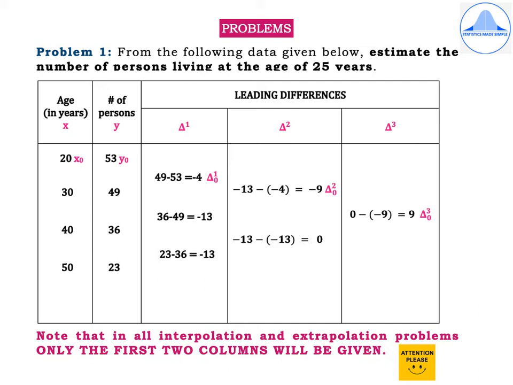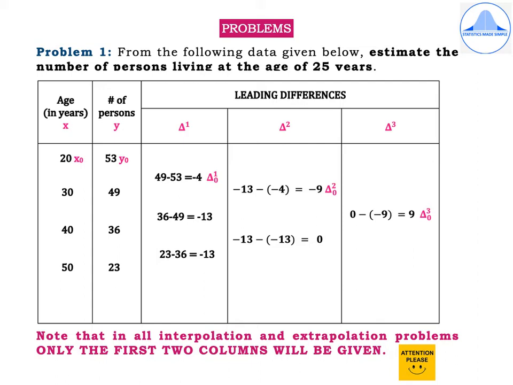Now let us find out delta to the power 1. Now be careful with the signs when we are finding out the differences. So how do we find delta to the power 1? It is nothing but the second y value minus the first y value, and then the difference which we get is written between these two values.